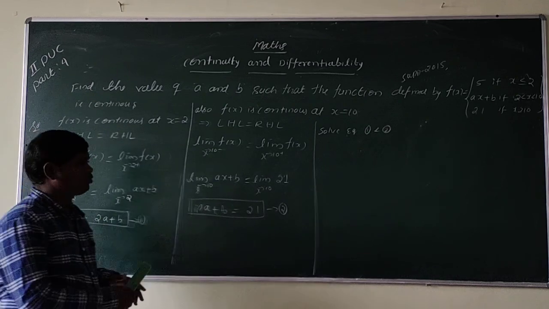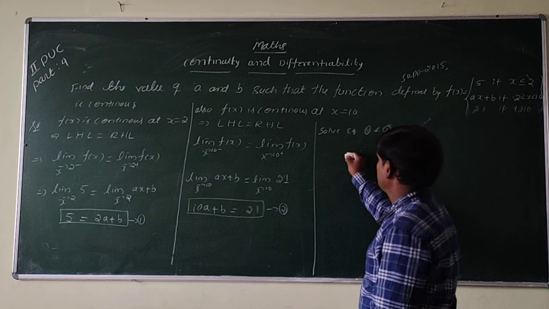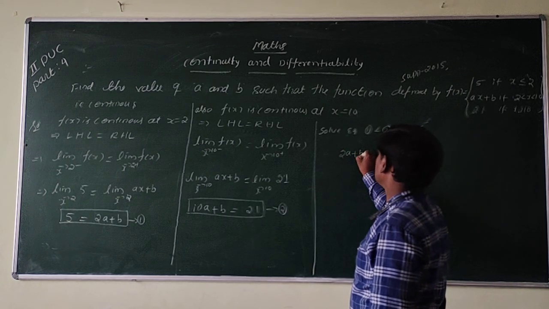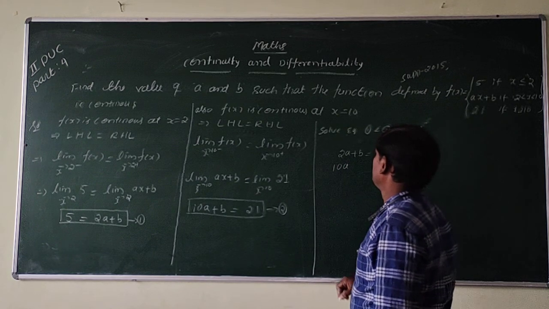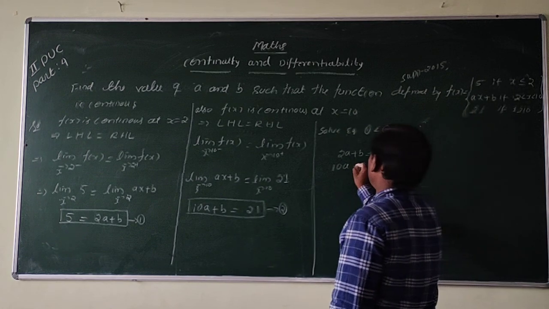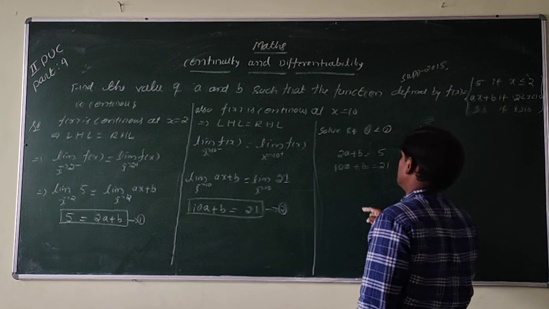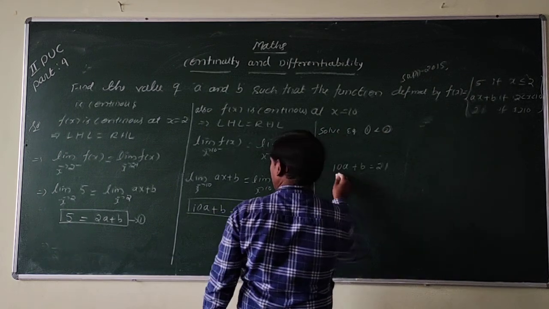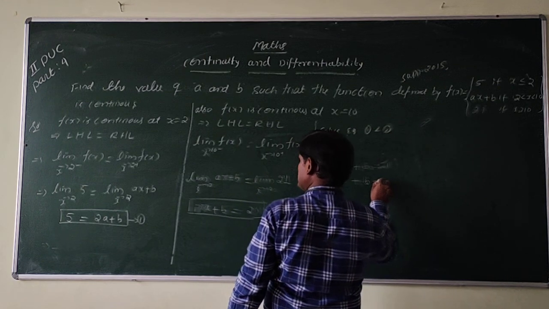We have 2a plus b is equal to 5, and one more, 10a plus b is equal to 21. It is better to write 2a plus b minus 5.